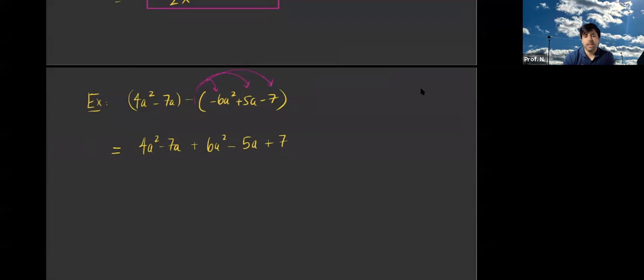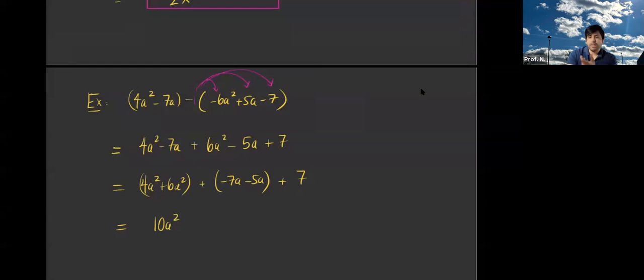So I distribute that negative only to the second polynomial. And then I combine like terms. So I get 4a squared plus 6a squared. I treat that as a group. Then I do -7a minus 5a, treat them as one group. And then I just have the plus 7 hanging out. So I get 4a squared plus 6a squared, which is a total of 10a squared.